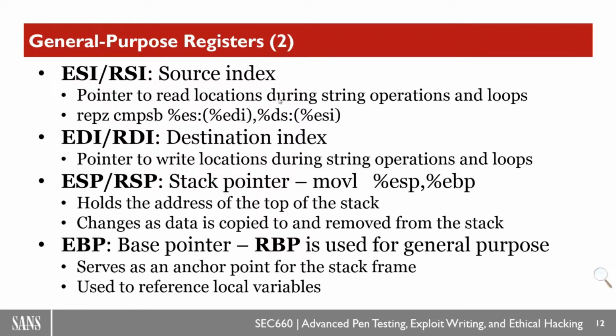The base pointer had a more specific or notable purpose in 32-bit because the base pointer always points to a static position called the frame pointer for the duration of a function call. And the reason it does that, or did that, is so that you can access local variables and arguments passed to the function.